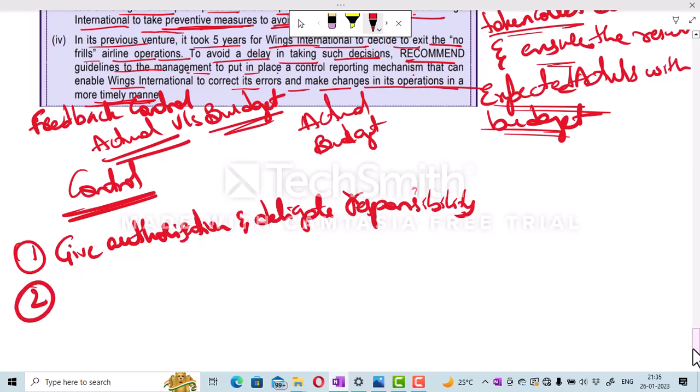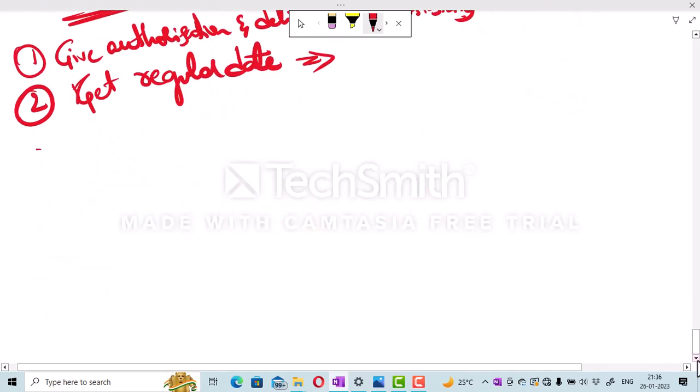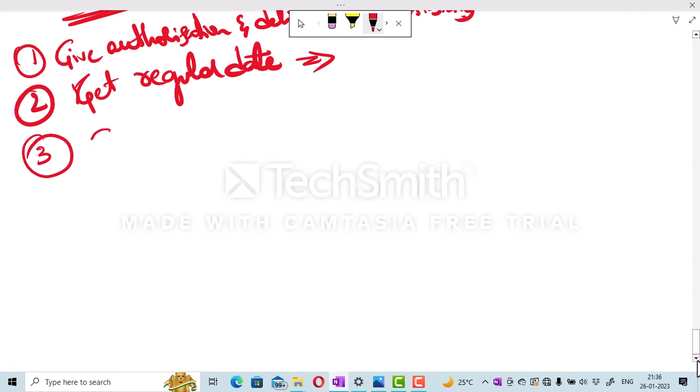Secondly, they should get regular data. See, here it took 5 years for them to know that there were losses and it was not a profit-making company. Unlike that, get the regular data so that you can know the status, and in case it is not working properly, you can decide whether to change the strategies or to close down the business. Next one, get regular updates.